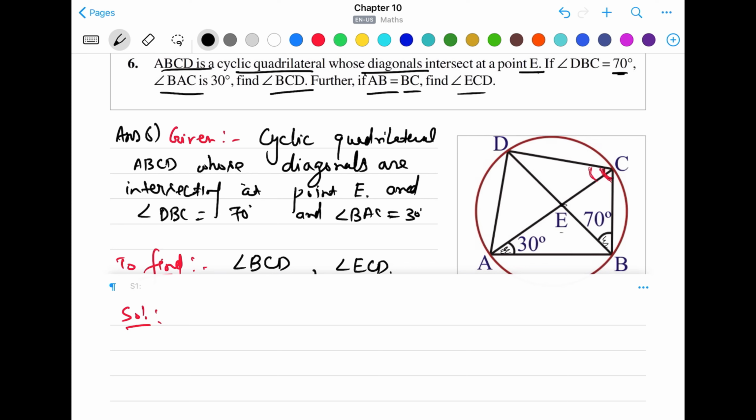First, since angle BAC is given as 30 degrees, its corresponding angle BDC will also be equal to 30 degrees, because they are angles in the same segment.